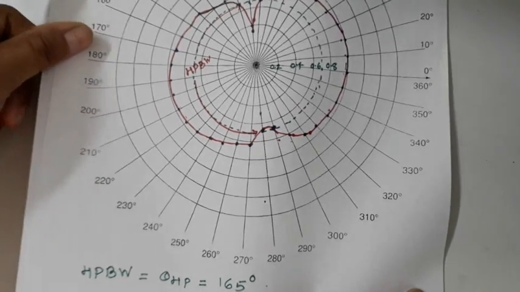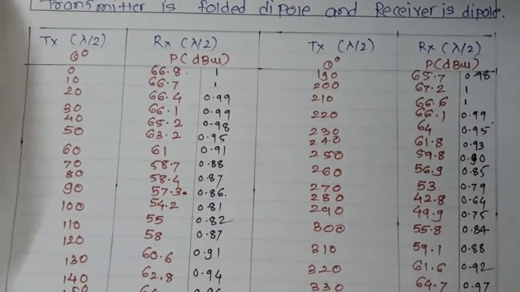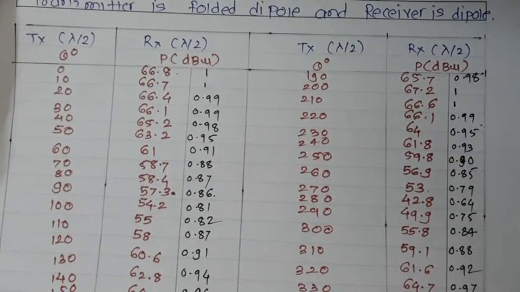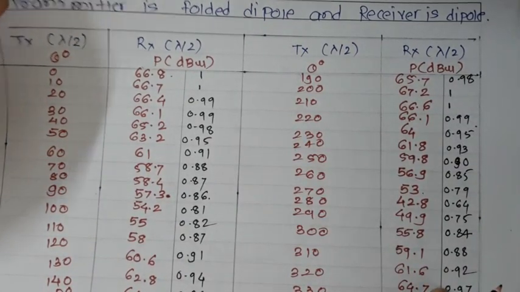Now the second one which we have done here is that we have again performed the experiment, for this the folded dipole as a transmitter and the receiver is the dipole. So if you see here your readings are like this, and we have normalized those readings and we have plotted again, these are the normalized values, and we have plotted the radiation pattern for this also.